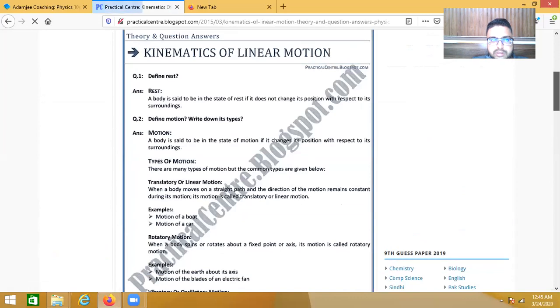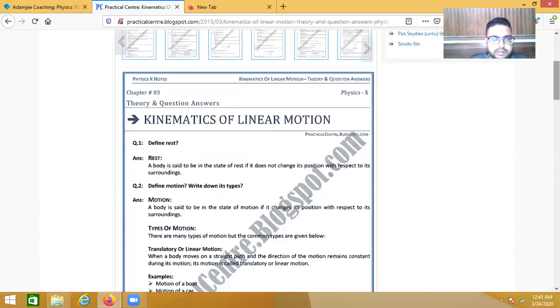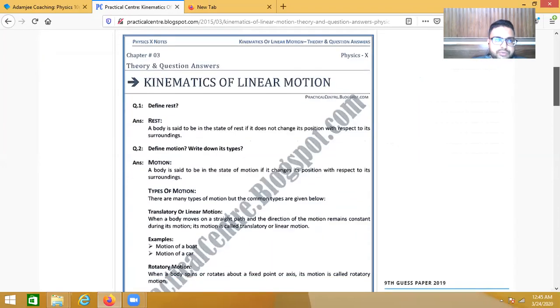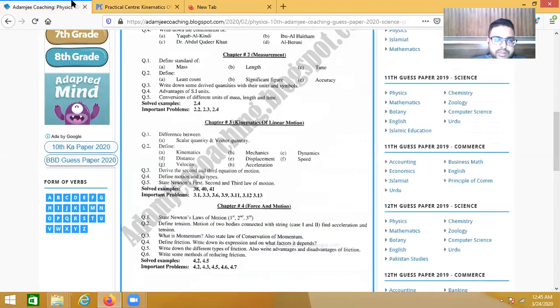So this was the first lecture we are now completing, and so far the target we set at the start of the class, we have covered most of it. Just a few things in chapter 3 are remaining, which you can see here, if you can see my cursor: motion and its types will be part of the agenda of the next class.